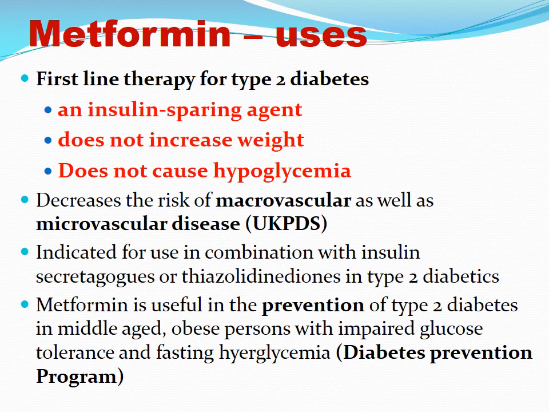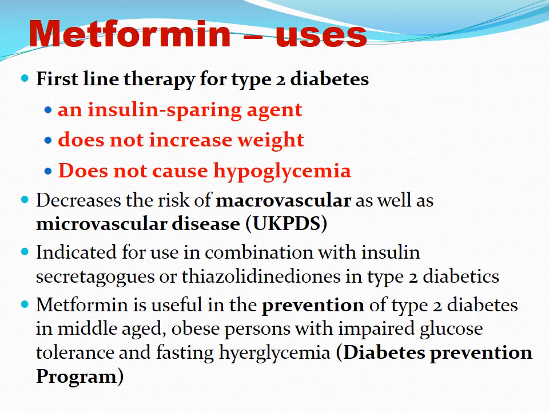The uses of metformin. Metformin is used as a first-line therapy in treatment of type 2 diabetes because it is an insulin-sparing agent, does not affect insulin secretion, does not increase the weight of the patient, and does not cause hypoglycemia.